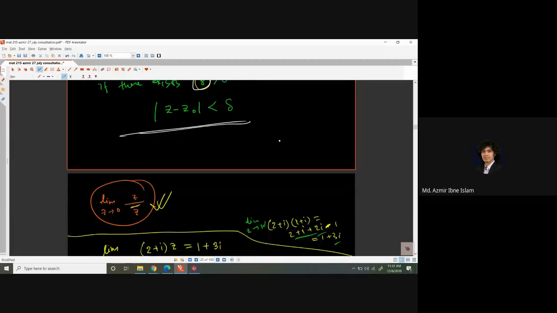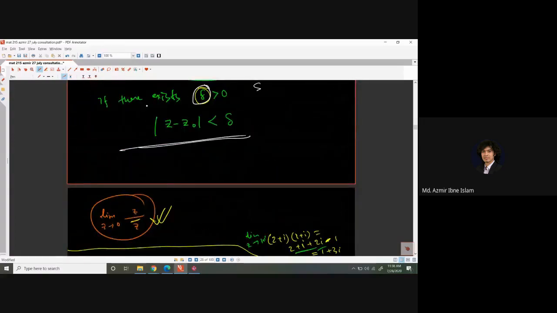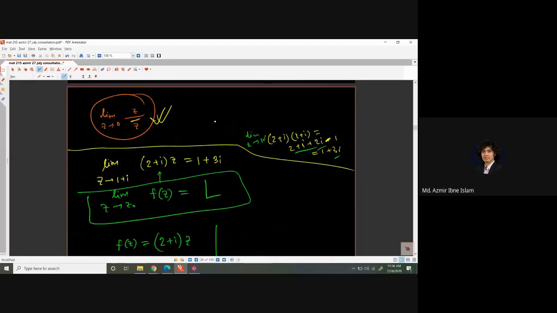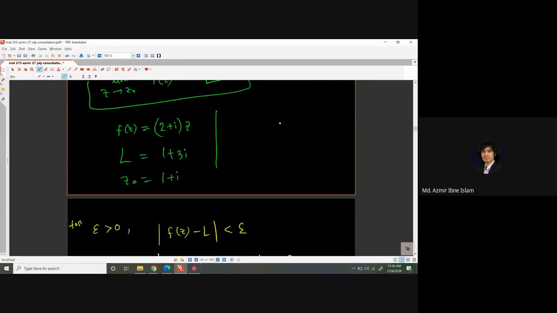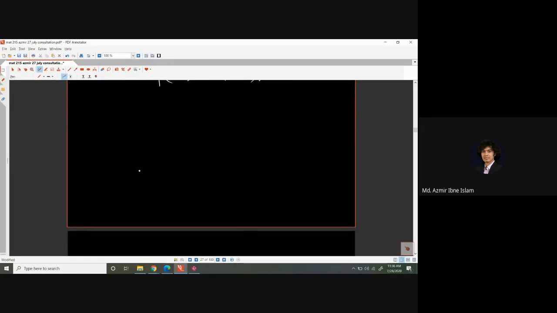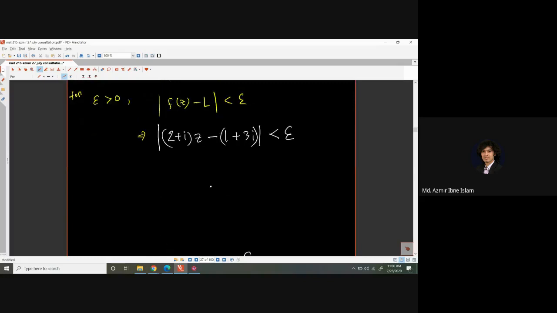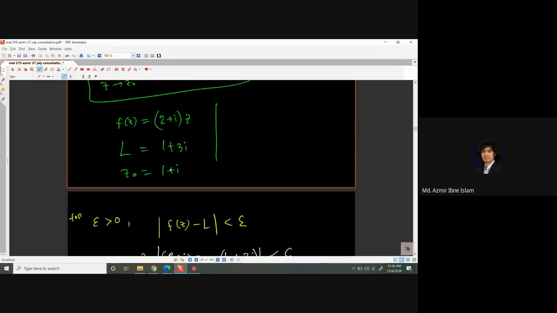So let's try to figure out. Our target is to prove modulus of z minus z naught less than delta. So let's write the proof at first. The final result should be z minus z naught less than delta. That means z minus z naught. What is z naught? 1 plus I, right?